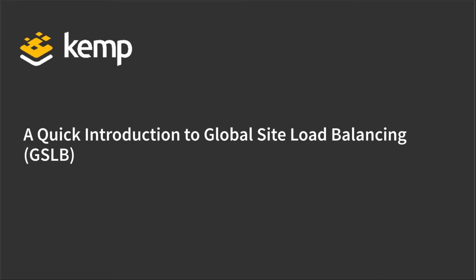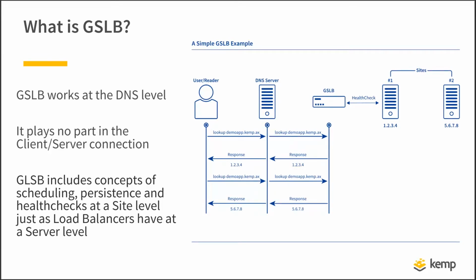So first, just a really quick introduction to global site load balancing. Again, don't squint too hard on some of the more complex diagrams. I'll break these down as we go through. These are just visual overviews at a high level, and we'll dig into the details as we go. So when we talk about GSLB, we're really looking at the DNS level.